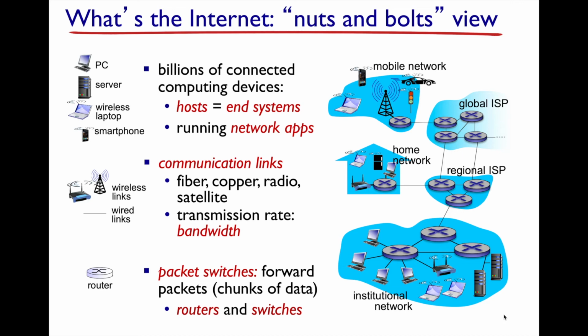Maybe it's somewhere in Philly, maybe it's somewhere in Maryland, probably either Maryland or Philly, one of the two for the Mid Atlantic. And then you have the regional ISP, and then you have the global ISP, and then you'd have maybe a mobile network, right?